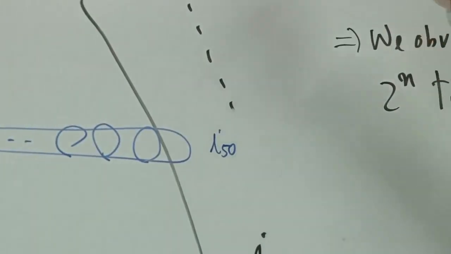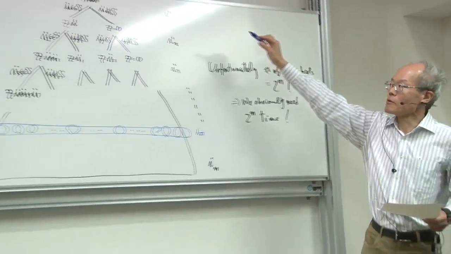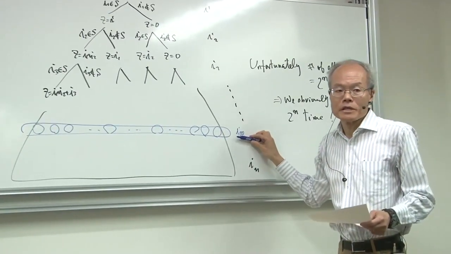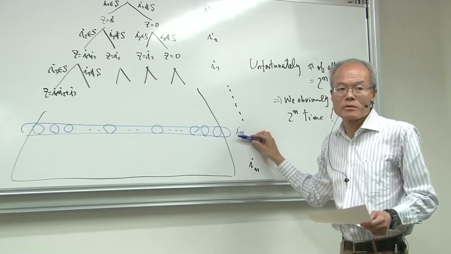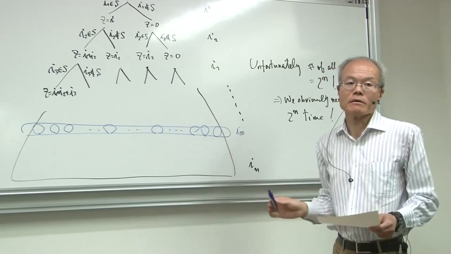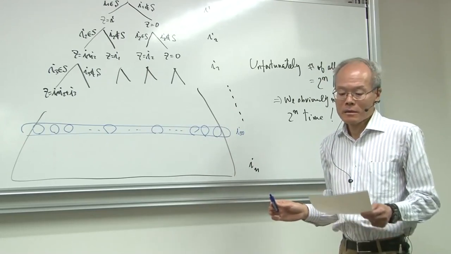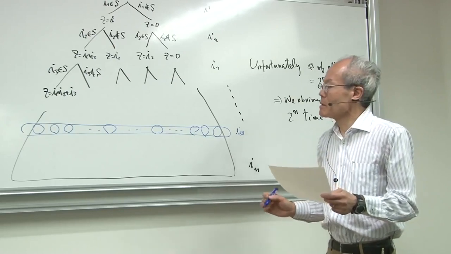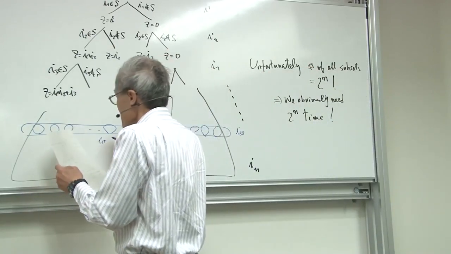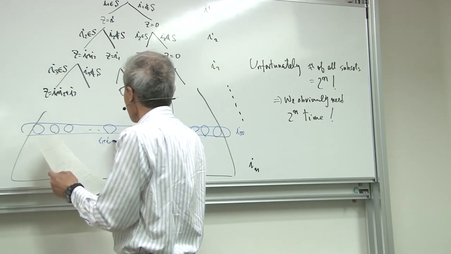So you're now constructing this tree structure from I sub 1 through I sub 50. So you already have constructed this tree up to this level. Then, for example, this is I1 plus I don't know.